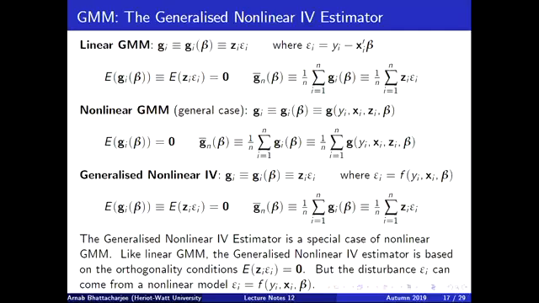Okay. So the generalized nonlinear IV estimator then is simply a special case of nonlinear GMM, right, where you use instruments for your respective terms in this guy basically. Okay, but the disturbance there can come from a nonlinear model.